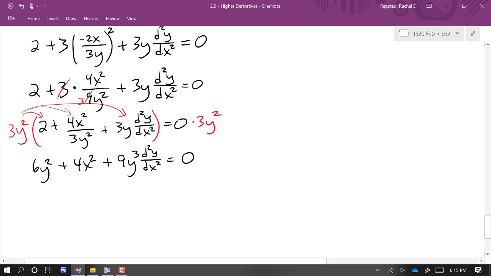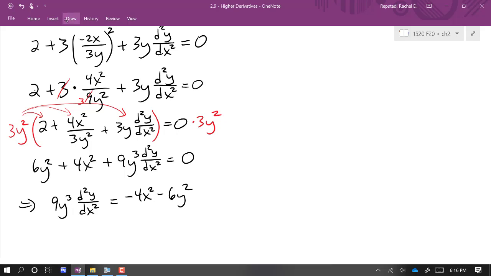We'll subtract 6y squared and 4x squared so that we get 9y cubed times the second derivative is equal to negative 4x squared minus 6y squared. And then we divide.